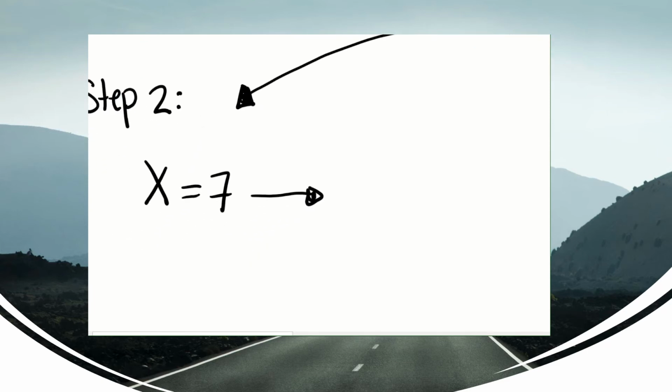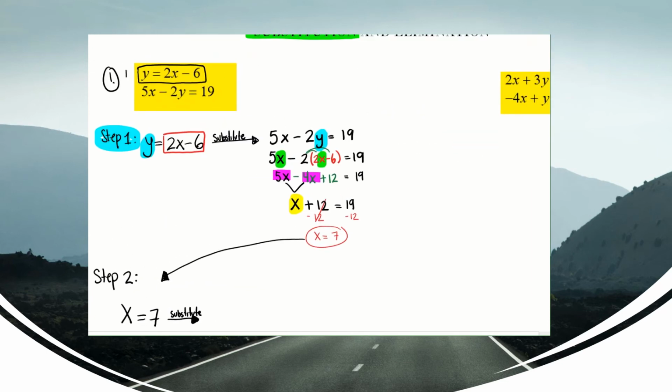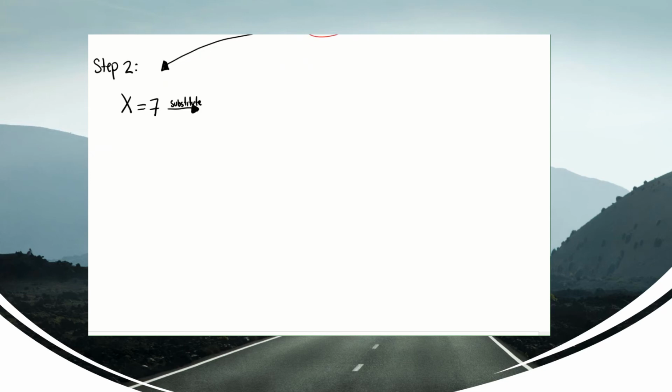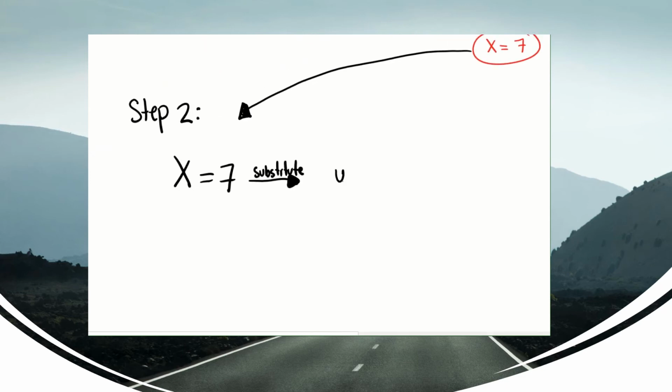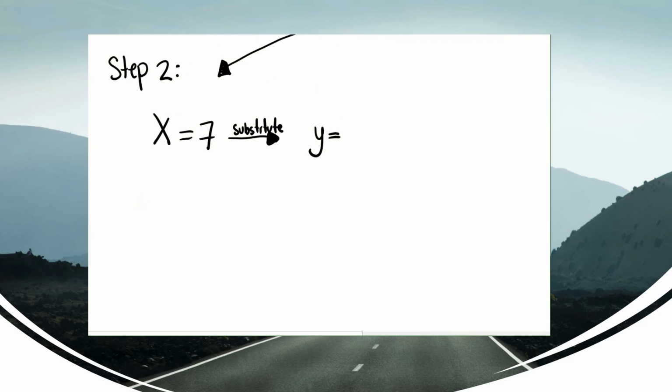So we're going to replace x for 7 in any of our two equations. It doesn't matter if you use this first one or the second one. The first one is easier to solve for y, so I'm just going to replace x for 7 in the first equation here. But if you want to do it on the second one, you'll notice that you'll get the same answer.